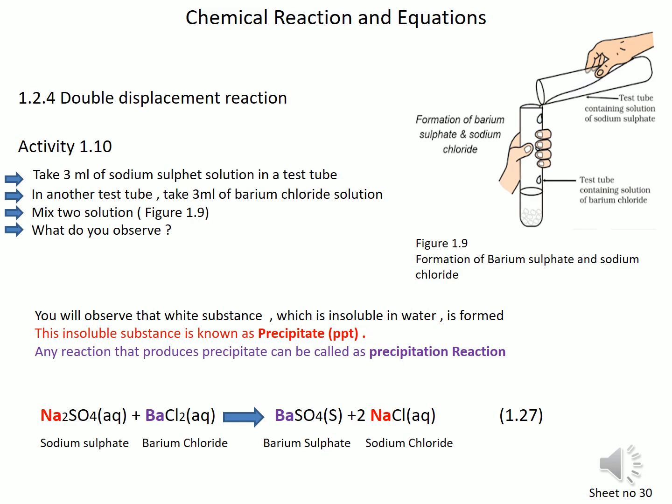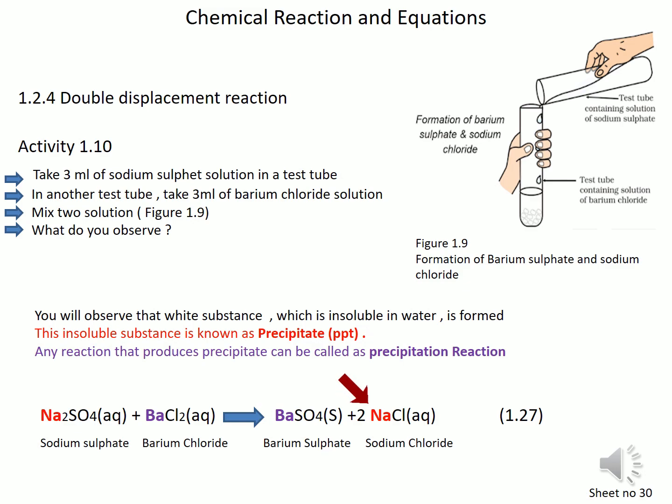Here again I have used different colors. Sodium sulfate, Na2SO4, reacts with barium chloride, BaCl2, to form barium sulfate, BaSO4, plus sodium chloride, NaCl. Carefully observe. This is Na in red color, which was earlier associated with SO4.